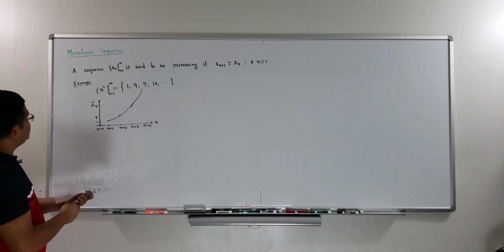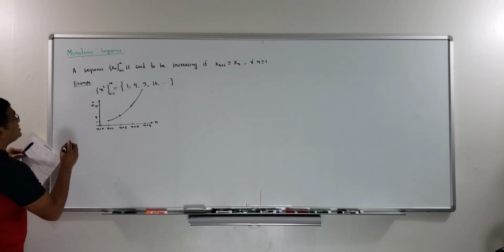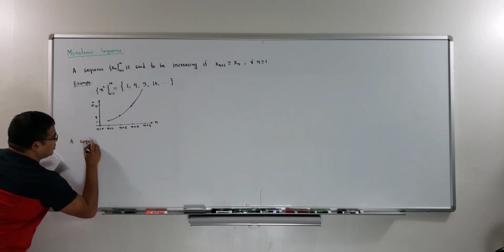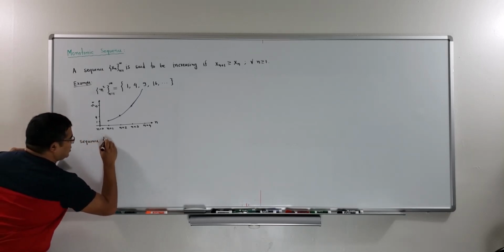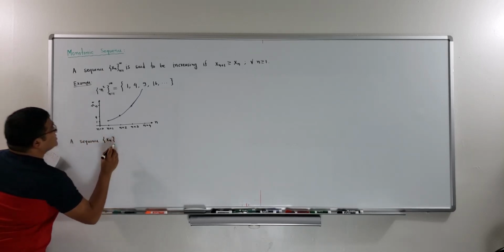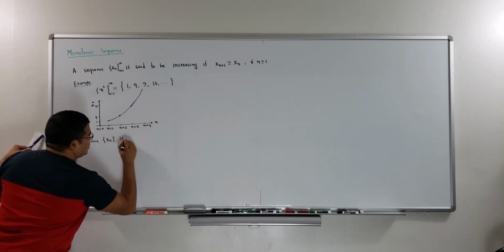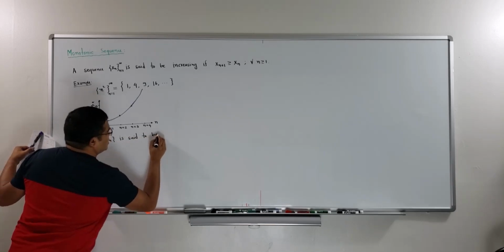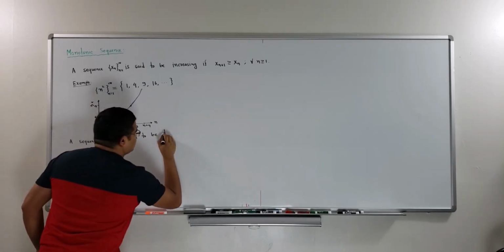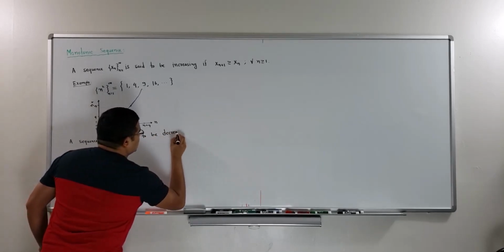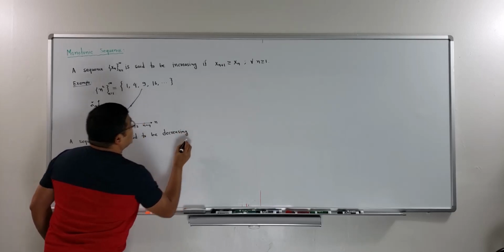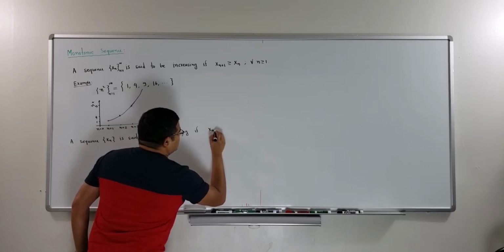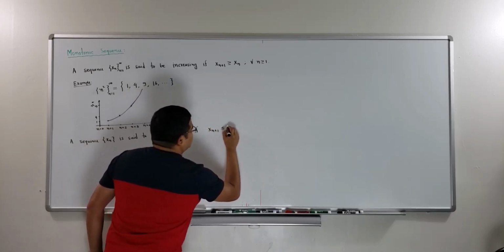And how about a decreasing sequence? A sequence xn is said to be decreasing if xn+1 is less than or equal to xn.